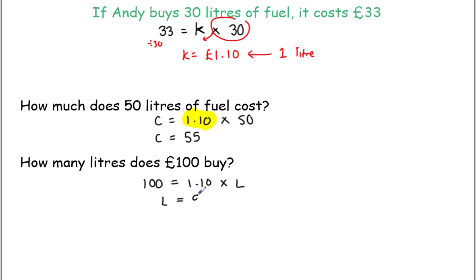So the number of litres must have been 90.91 litres. £1.10 times that number gives you £100. Okay, but again, without knowing the constant, without knowing that it's £1.10 a litre, that would have been very, very tricky to work out. Okay.